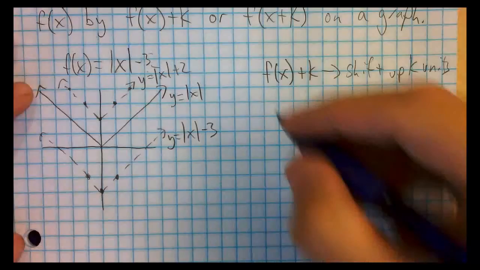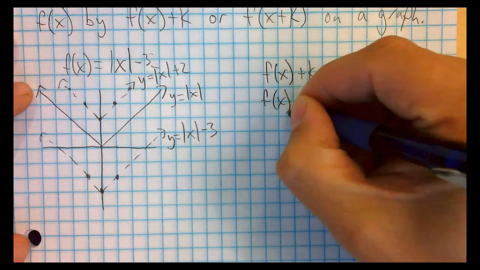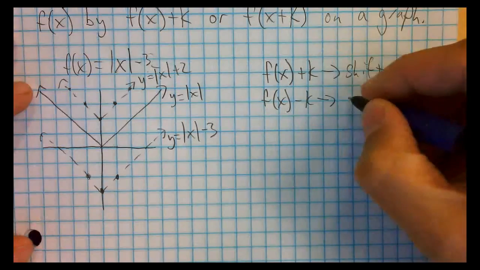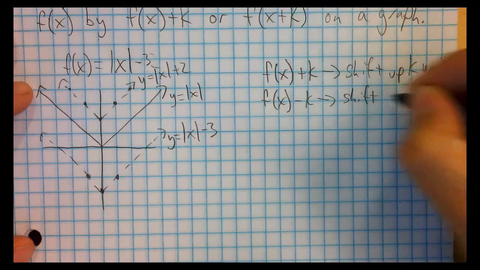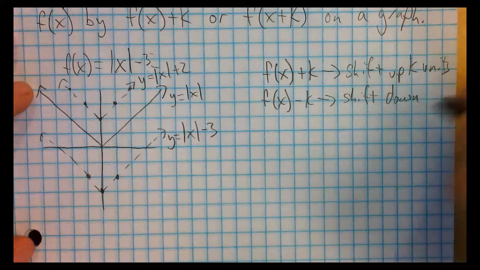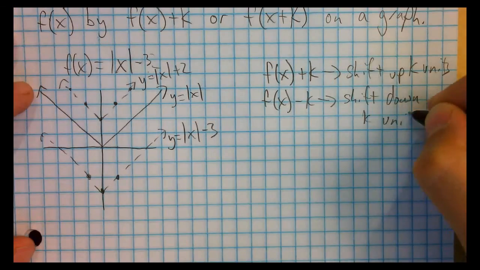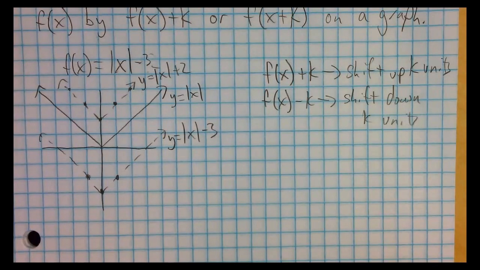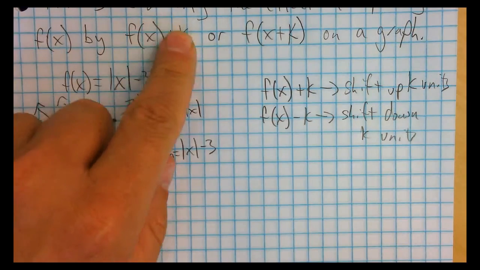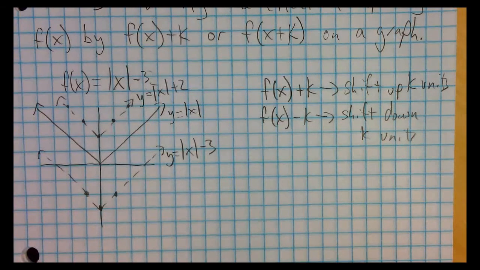Okay, f of x minus k will shift down k units. All right, so that's sort of the first part that we're looking at. So if f of x is my original function, but just plus or minus something on the end, that's just going to shift it up or down.